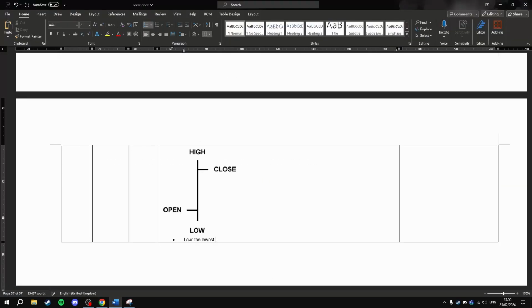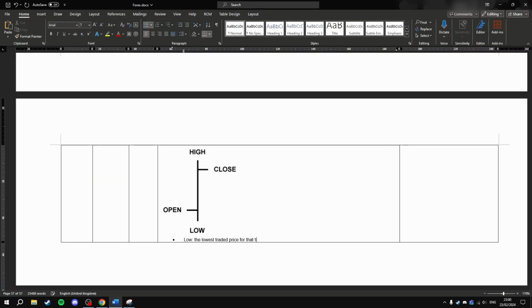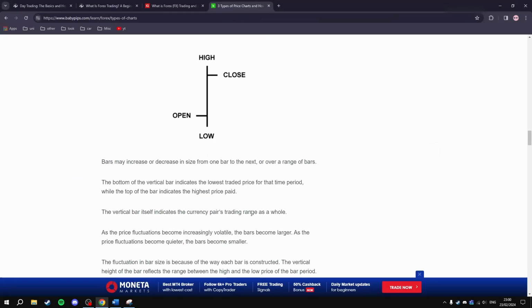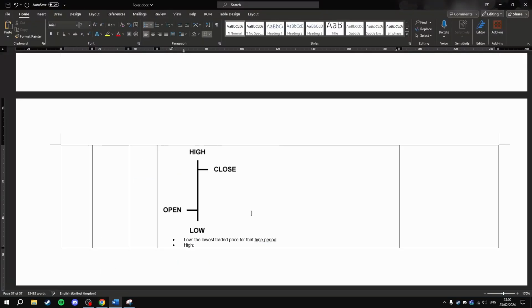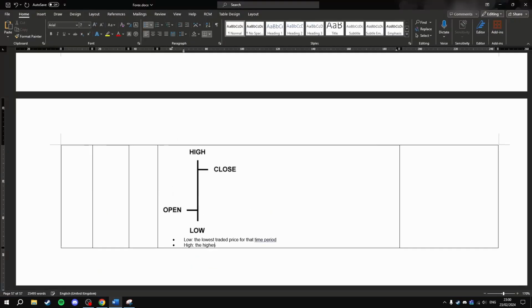The lowest traded price for that time period. High: the highest price paid for that time period.